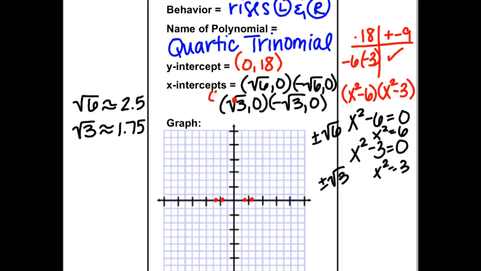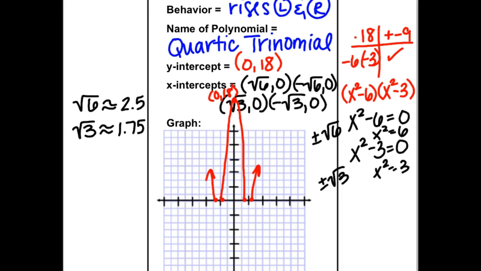I'm going to label that here so I don't have to go all the way up. So we know it's symmetric because our zeros are all the same distance from each other. So we know that that (0, 18) is our maximum, our relative maximum. So I'm going to go up, tag it, come back down. And I know that this rises right and rises left. So now we have to get that action in between.